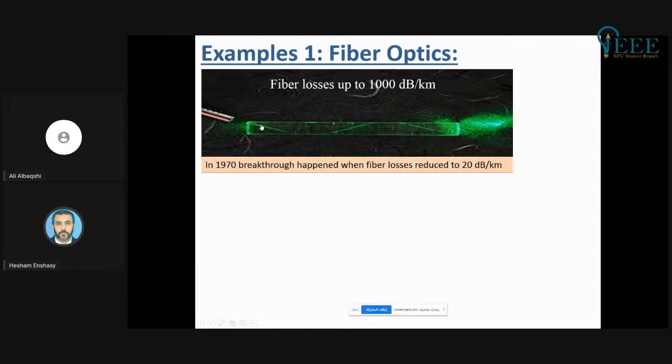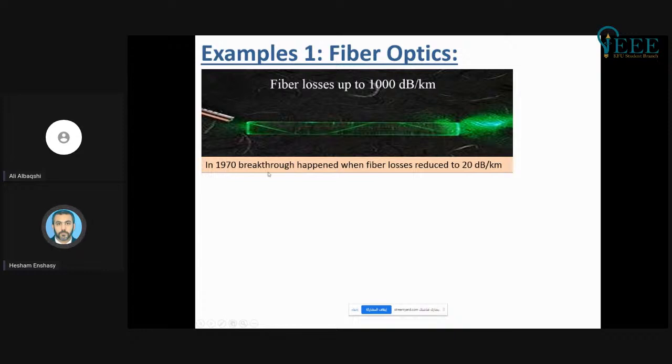So the light will be contained inside the medium, and this is the idea of making fiber optics. Now, a piece of glass like this will contain the light for some distance, but in the end the light will be attenuated because the fiber losses in this case will be higher than 1000 dB per kilometer.